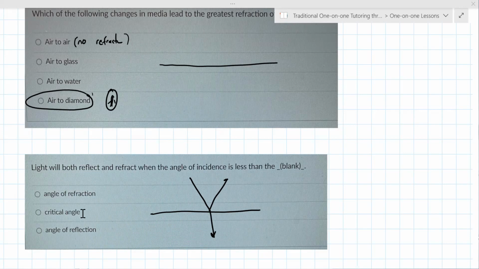I'm not sure. I guess I would go with this one as my first guess.